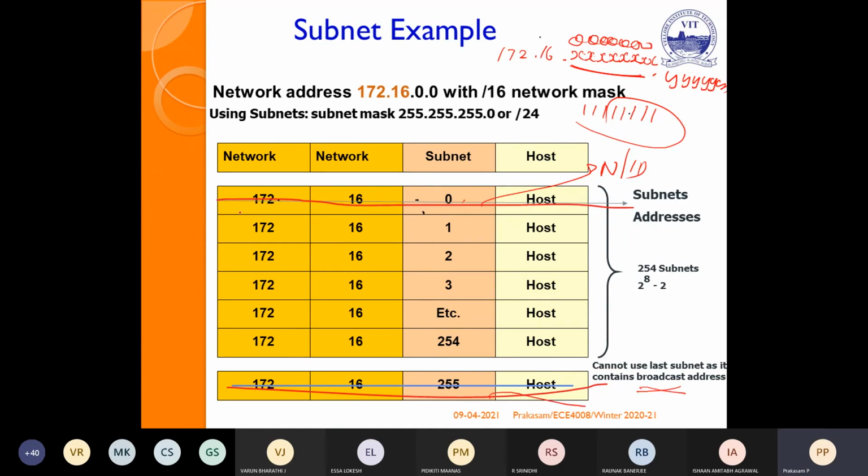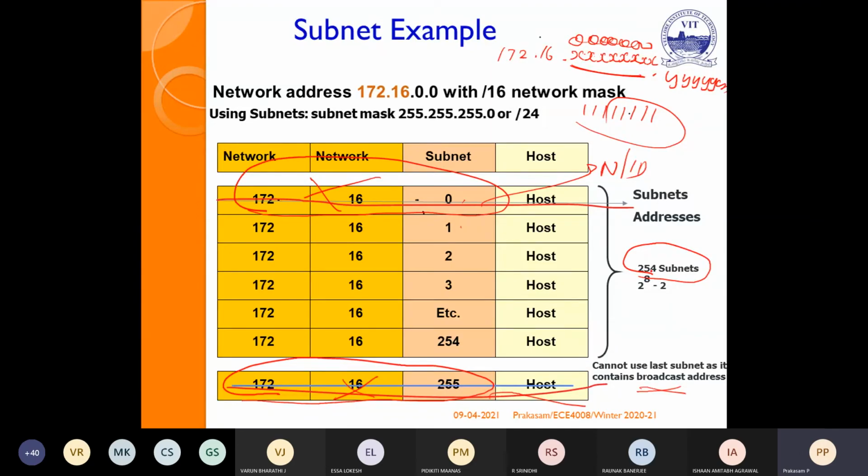So I cannot use 172.16.0 as a subnet, as well as 172.16.255 as a subnet. So the number of usable subnets is 2 power 8 minus 2, which is 254. That means 1 to 254 I can use as subnets.